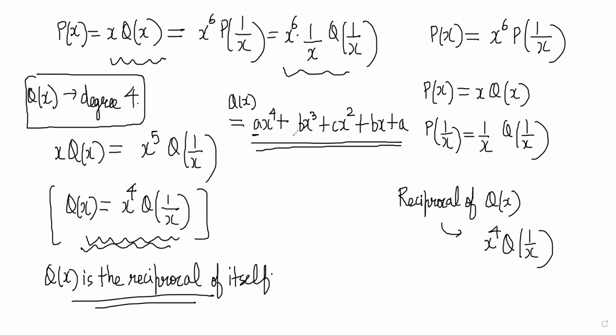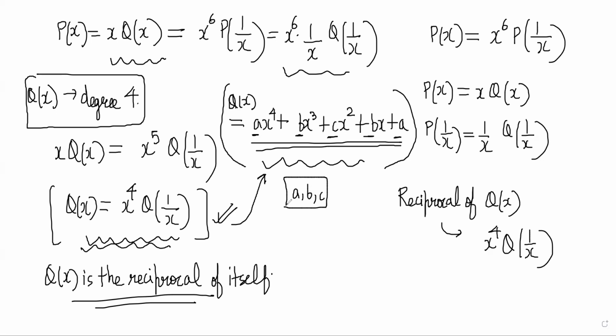Because here the order of the coefficients is a, b, c, b, a. So even when you take the reciprocal, it will still be a, b, c, b, a, right? So this is a property of a polynomial which is a reciprocal of itself. Based on this condition, we are able to deduce that q of x must look like this, because it is the reciprocal of itself. This is for some non-negative integer coefficients a, b, and c.